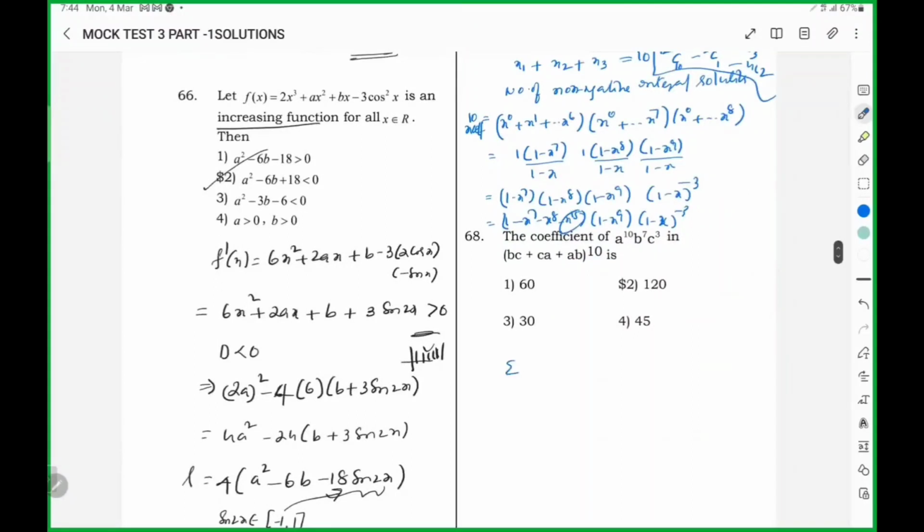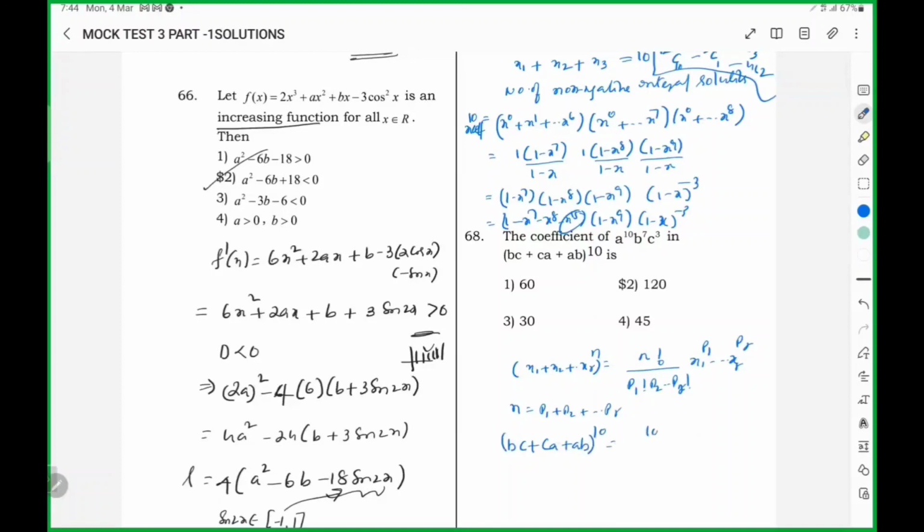Multinomial theorem: (x1 plus x2 plus ... plus xn) whole power n is n factorial by p1 factorial, p2 factorial, ... pn factorial, with p1 plus p2 plus ... plus pn equal to n. Here it is (bc plus ca plus ab) whole power 10.